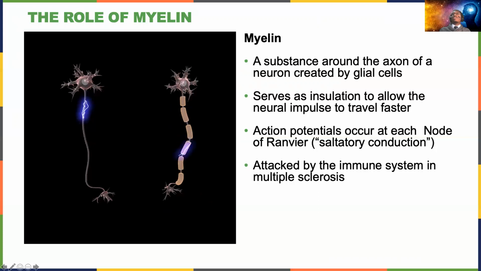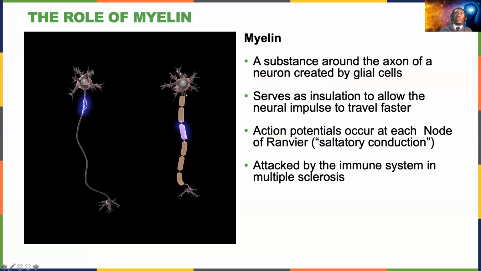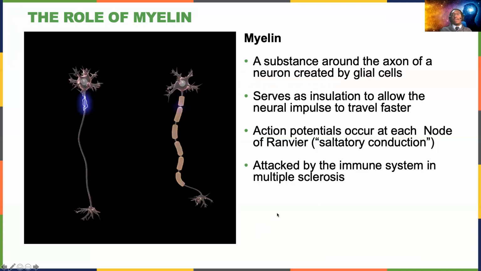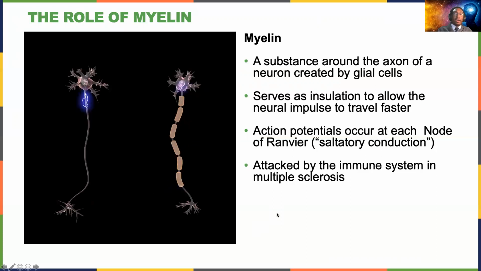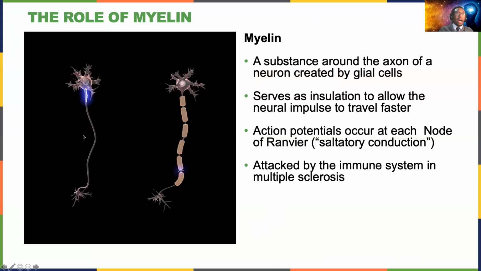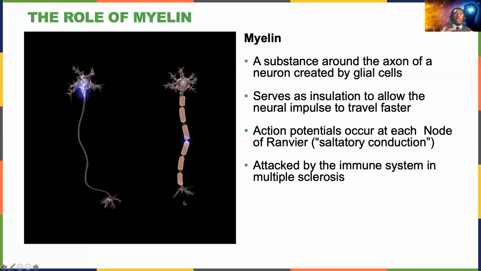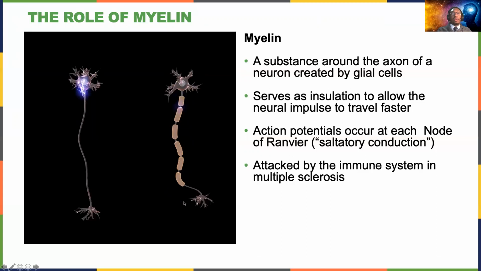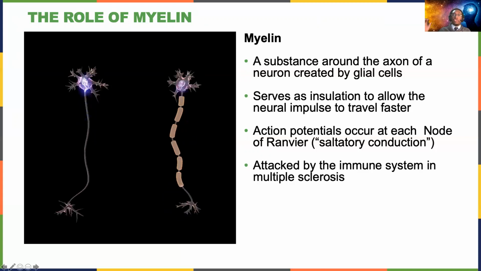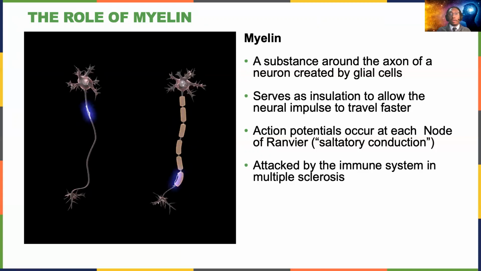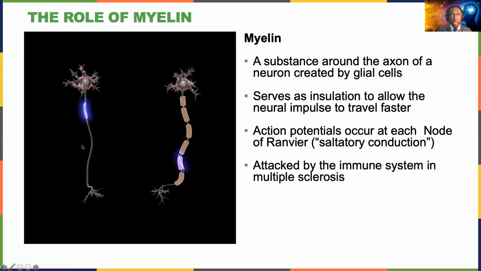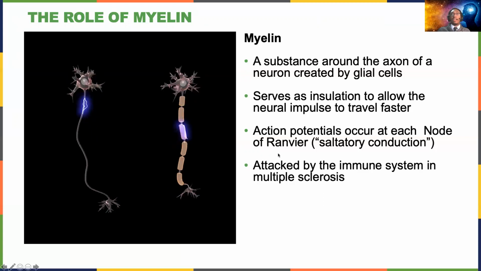And so the neural impulse travels much faster down axons that are myelinated in comparison to axons that are unmyelinated. And we call this kind of propagation of the neural impulse saltatory conduction, in the sense that it jumps from one node to another rather than going through every single ion channel possible that an axon has.